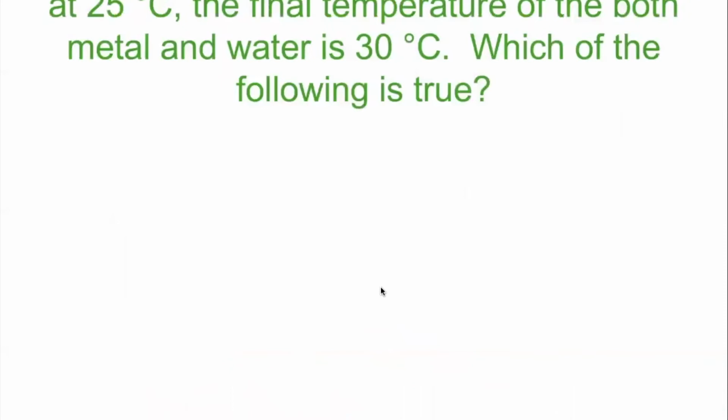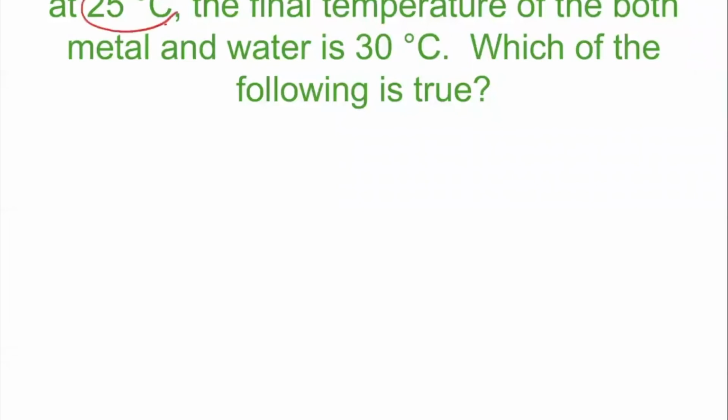So notice here, we have this question where they're asking for the final temperature. It says a piece of metal at 85 degrees is added to water at 25. So think about it. The metal is hotter than the water.